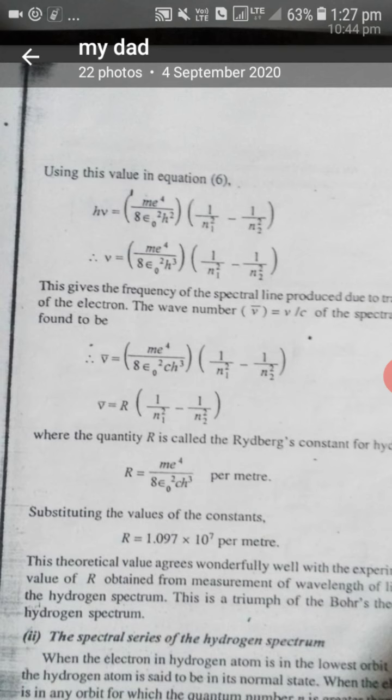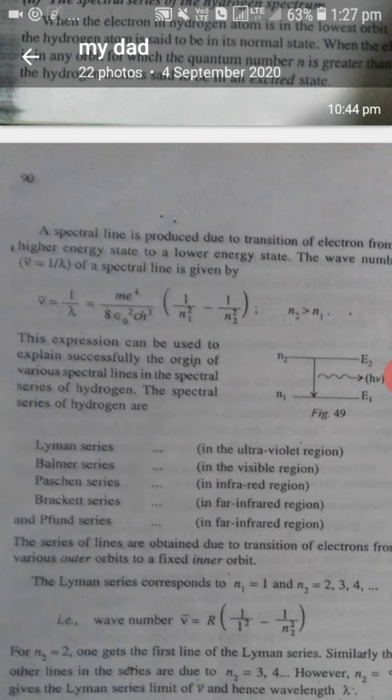There are different spectral series: Lyman series, Balmer series, Paschen series, Brackett series, then Pfund series. Lyman series means the electron makes a transition from a higher orbit to the first orbit.